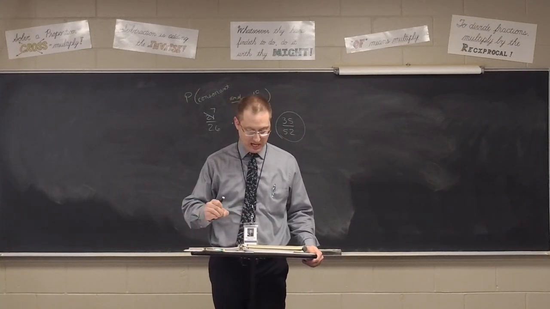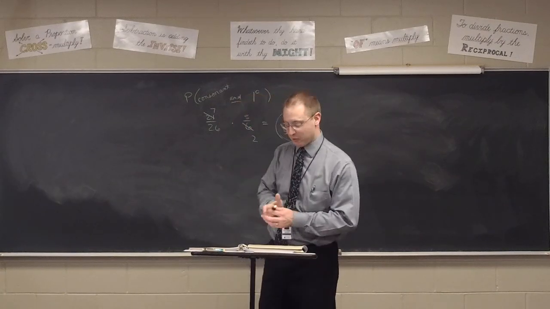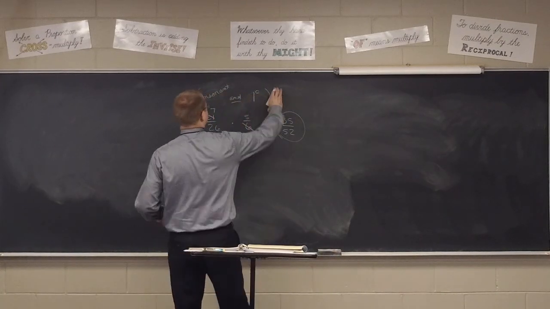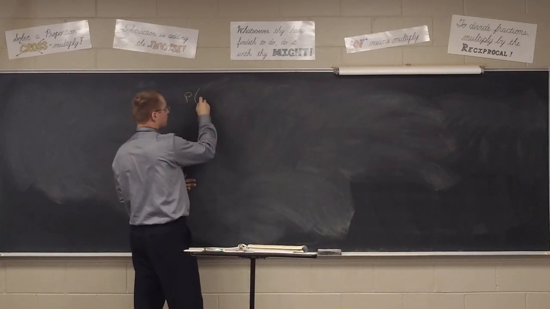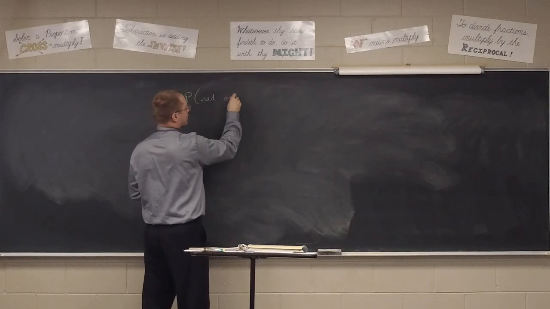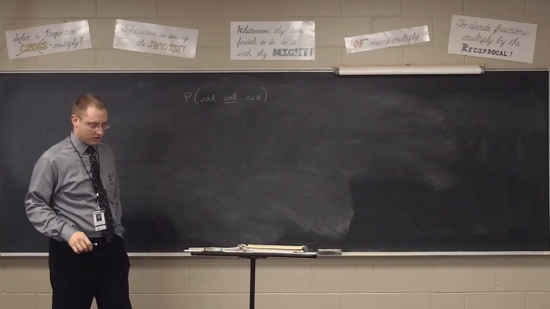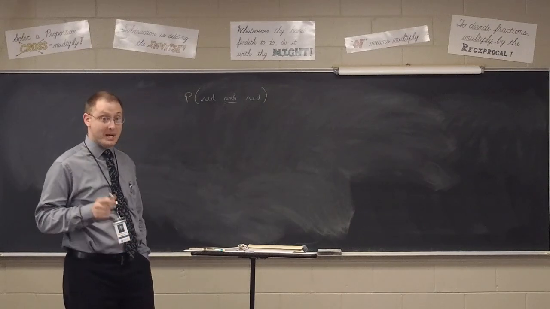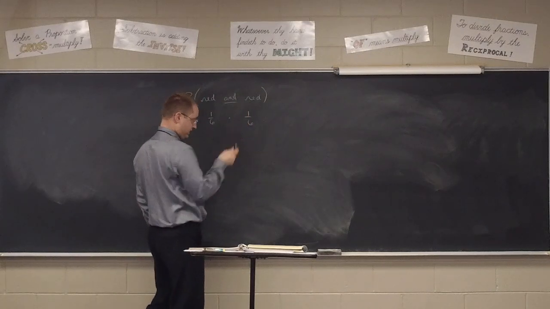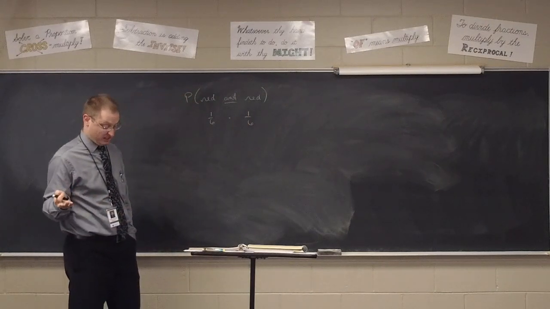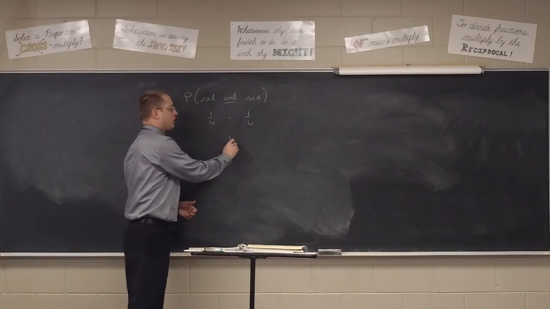What's the probability of spinning red and red? 1 to 36. Good. Both red is 1 to 6 each time. Again, no reason you can't spin back to back red. It's not like once you spin a red, it's off the table. So 1 to 6, 1 to 6, 1 to 36.